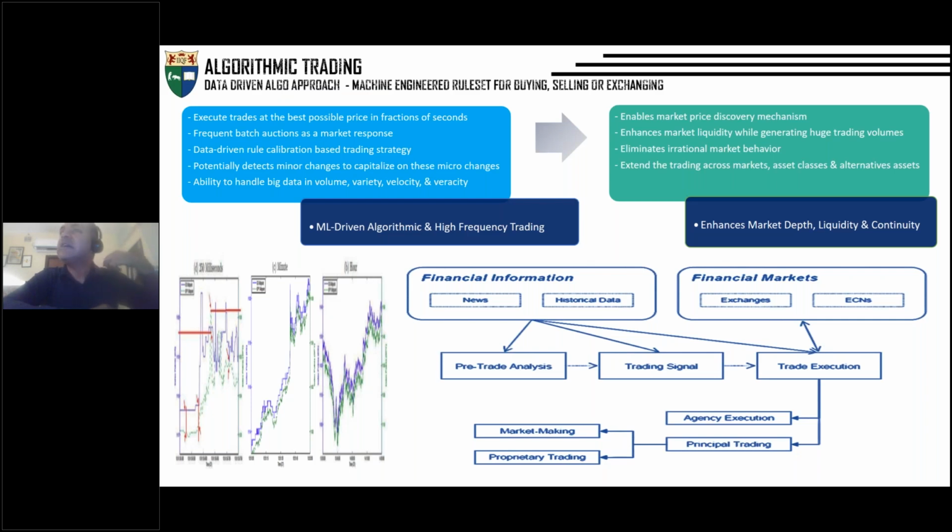These algorithms can calibrate themselves or their strategy based on the market data. If the market data changes, the algorithm is not stationary. It will recalibrate itself, reparameterize itself, because all this is a data driven way of doing modeling. It is learning from the data.